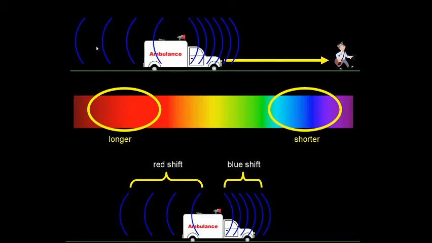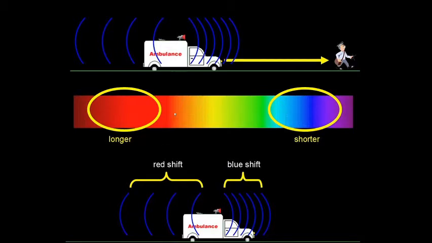Now, this shortening of wavelengths at the front end and lengthening at the back end actually happens with light as well, especially if you have a star that's moving. So if we're looking at a star at night, how do we know whether it's coming closer to the Earth or moving away? Well, we can detect what we call a blue shift or a red shift.